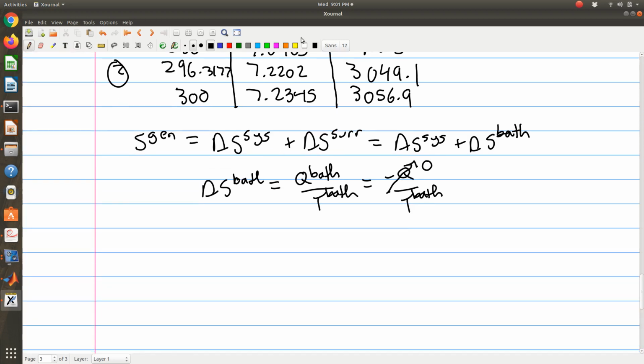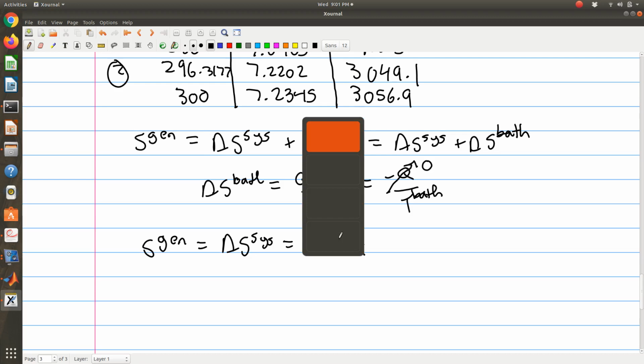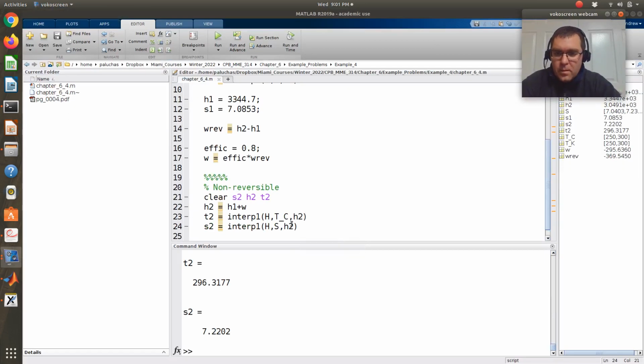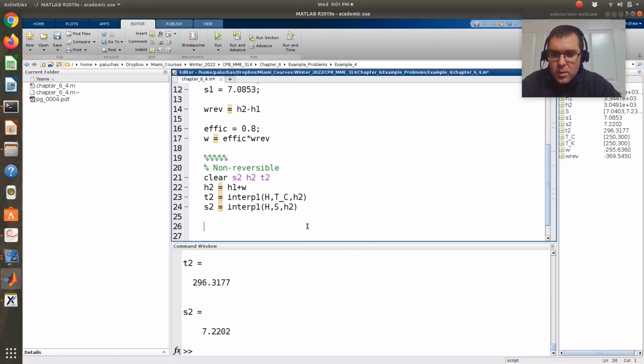So what I'm left with is Sgen equal to delta S of my system, which is S2 minus S1. I know S2, so Sgen is S2 minus S1.